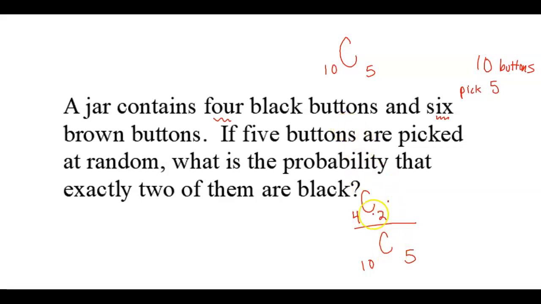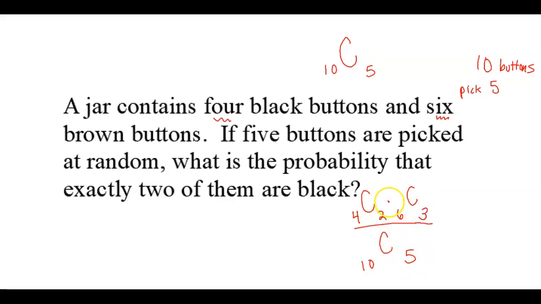And then I still need to think about, because this is only accounting for 2 of those buttons, the other 3 that make up the total of 5. The other buttons in the jar are the 6 brown ones. And I also know that if I choose exactly 2 black ones, and I'm choosing 5 altogether, then 3 of them must be brown.